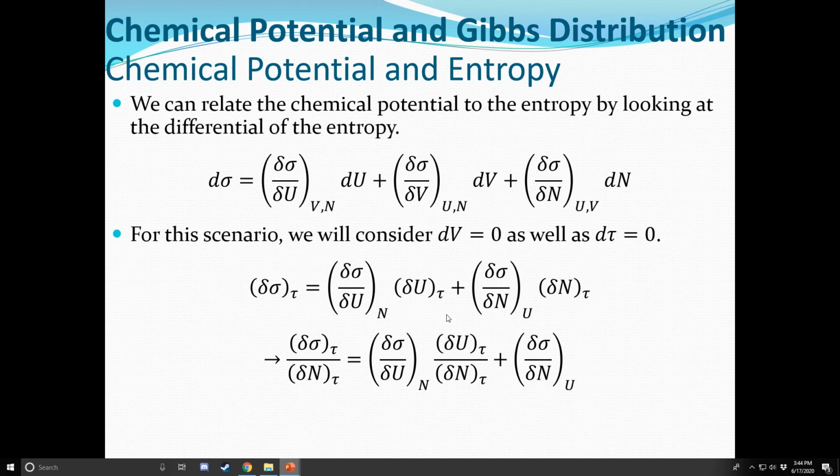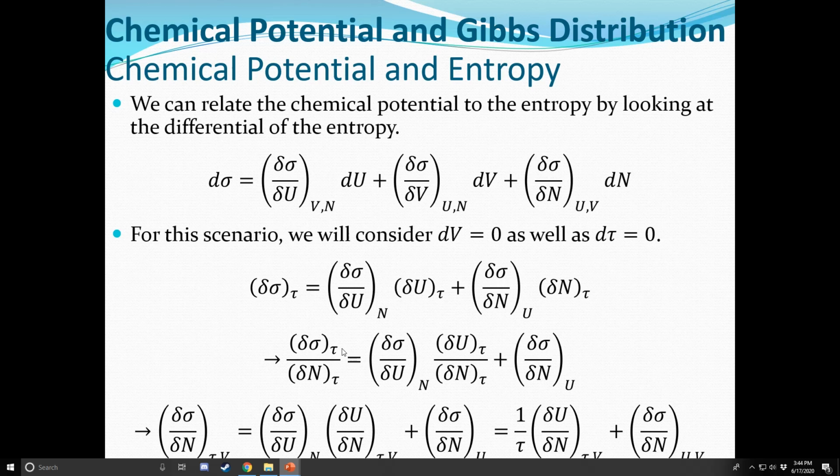I can divide delta n through each of these terms so that I have the change in the entropy divided by change in n, and then it crosses out this delta n over here.